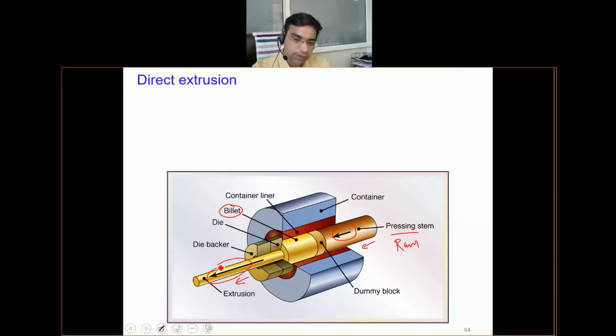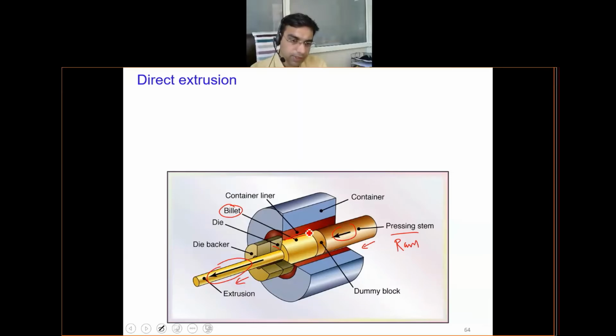The downside of this direct extrusion process is that as you press the billet by applying force through the ram, the friction between the surface of the billet and the internal lining of the container is very high. So this means there is significant loss of energy because of this friction between the billet surface and the container lining.